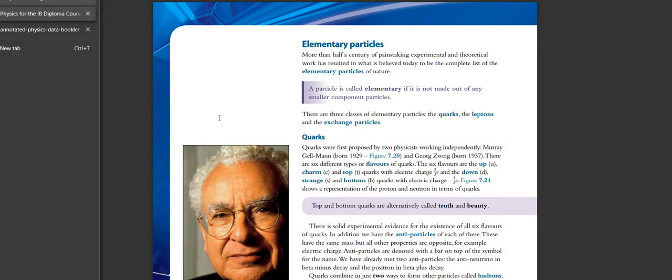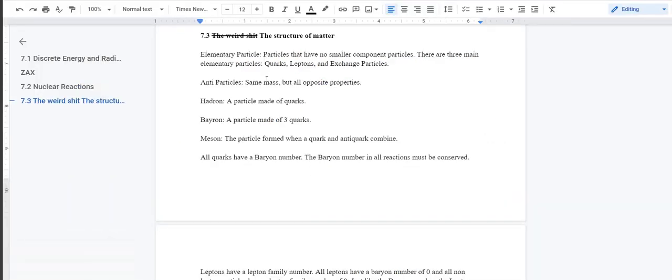And with that, let's just start with the structure of matter. So, elementary particles, what exactly are they? Elementary particles just refer to the particles that have no smaller components, so you can't break them up into anything smaller.